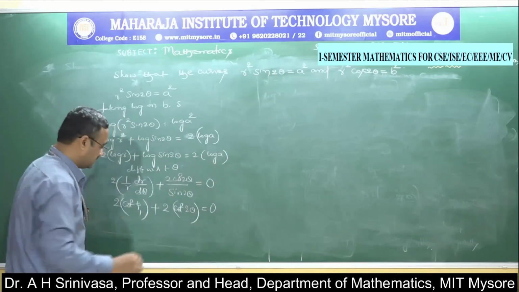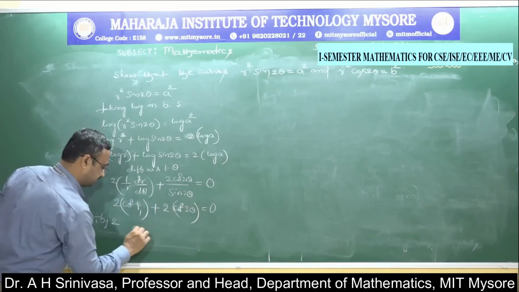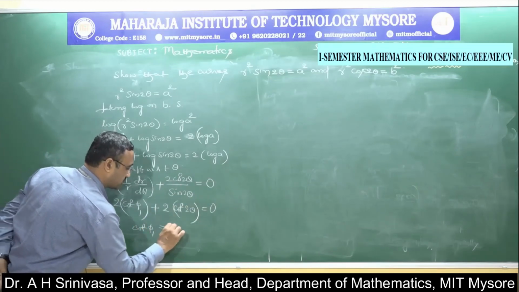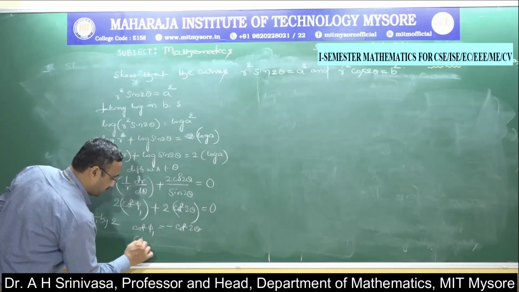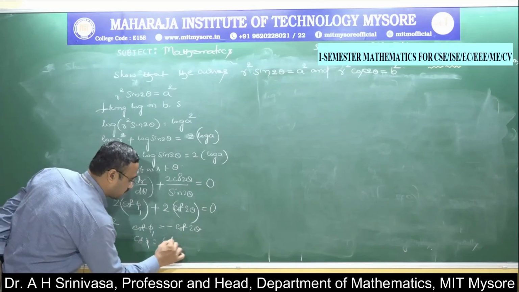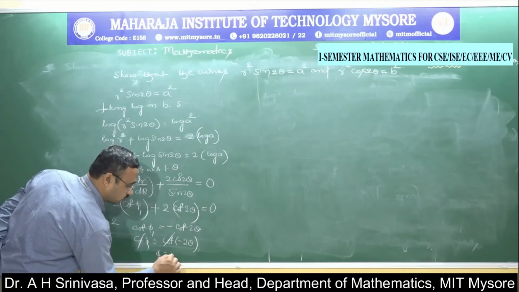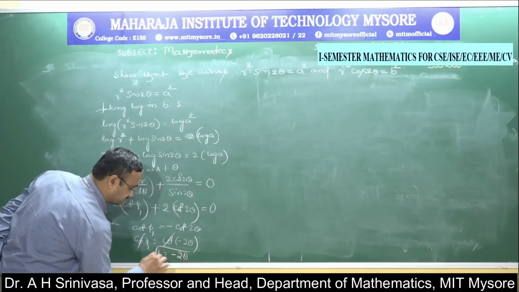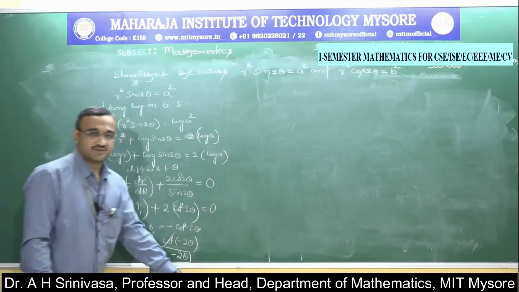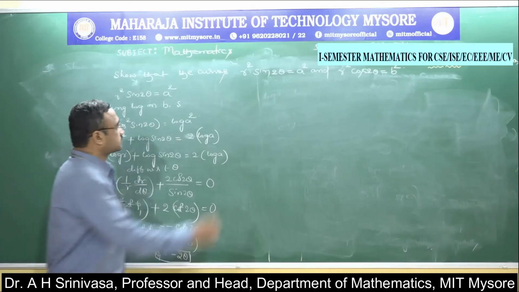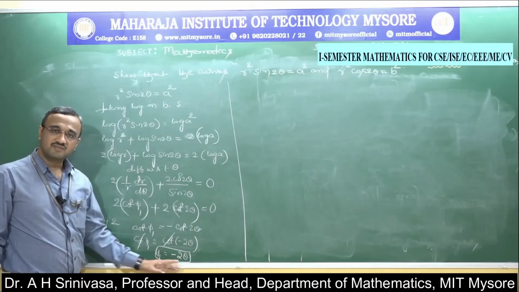Divide by 2, then send this function to the other side. Cot phi 1 equal to minus cot 2θ, or simply cot phi 1 equal to cot of minus 2θ. Now cancelling cot, phi 1 equals minus 2θ. This is also another form to show the curves intersect orthogonally. What I am doing here is extracting phi 1 very easily.